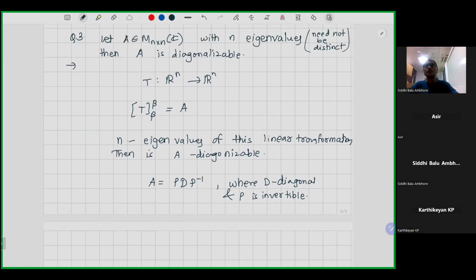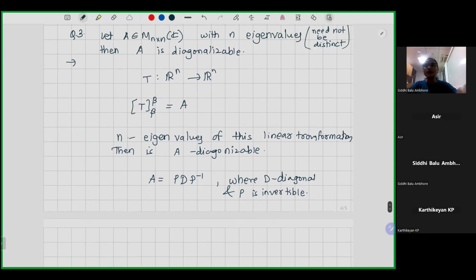But we should get n linearly independent vectors also. Yes, exactly. That is important, to have n linearly independent eigenvectors. Okay, so can you give me an explicit example?